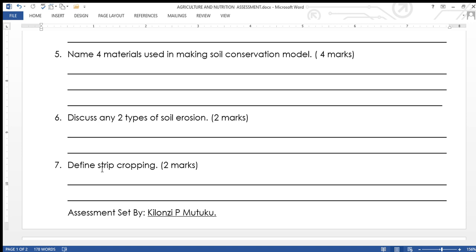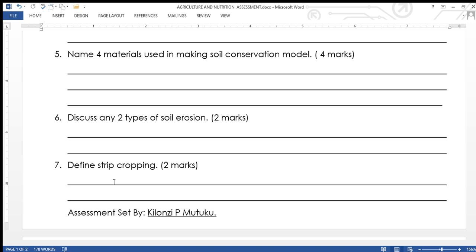What did you have in your answers? Involves different types of crops planted along contours, plants which give little soil cover above plants with little cover. That is good. A very comprehensive definition of strip cropping from group 1.